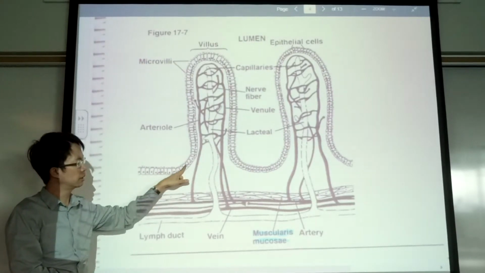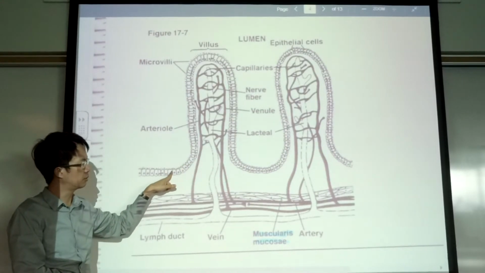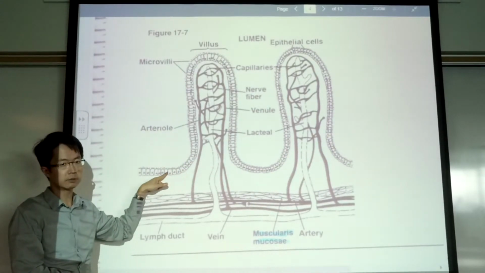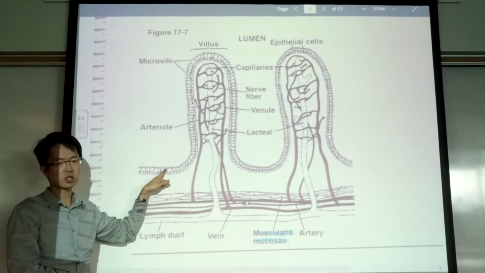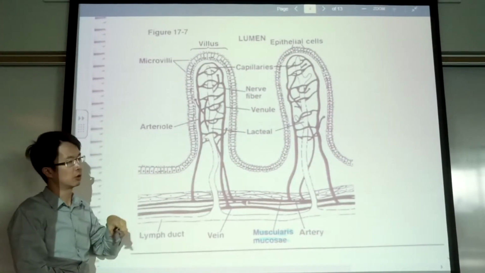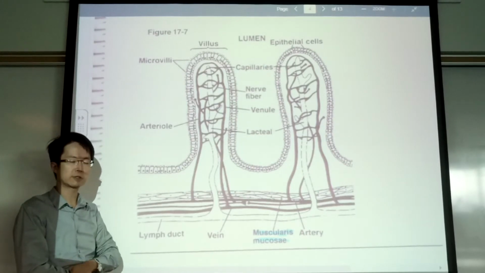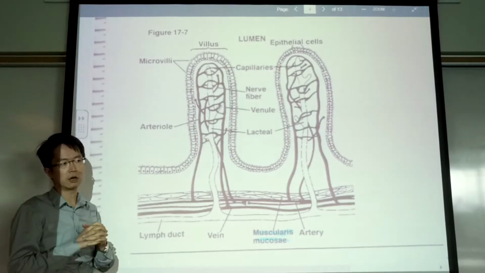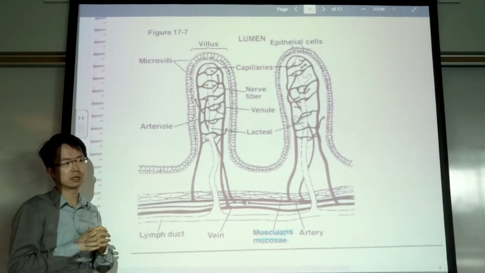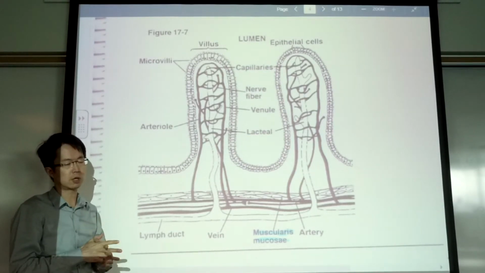So the name of this cell should be a simple columnar epithelium. Simple columnar. They have microvilli. Microvilli are the extension of the cell membrane. Why is it the extension of cell membrane? To increase the surface area of the cell membrane so that it improves the absorption.